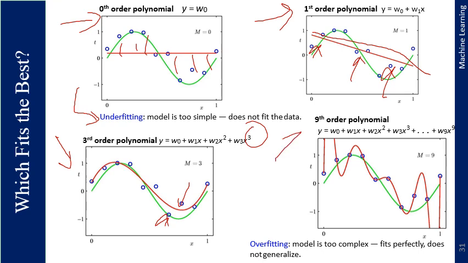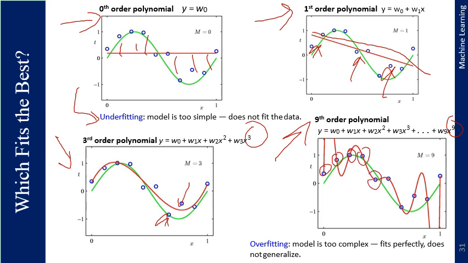For example, if you use a ninth order polynomial, where you have the highest degree of 9, it models all of the points. That means there is no training error and your model is able to capture all of the training points.